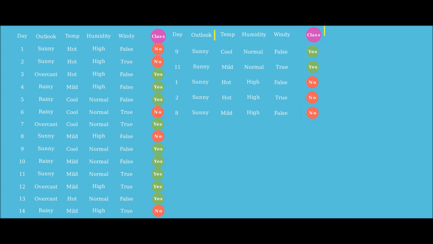Thereafter, we will also be calculating Gini index for overcast, and another value of outlook is rainy.